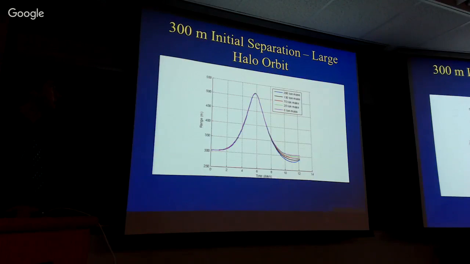And for the 300-meter initial separation, you begin to see some effects of the asteroid's gravitational source. Towards the very end of the mission duration, about over the last couple days, you begin to see the spacecraft starting to drift away from the asteroid.